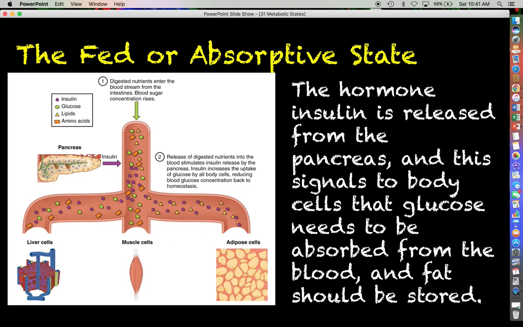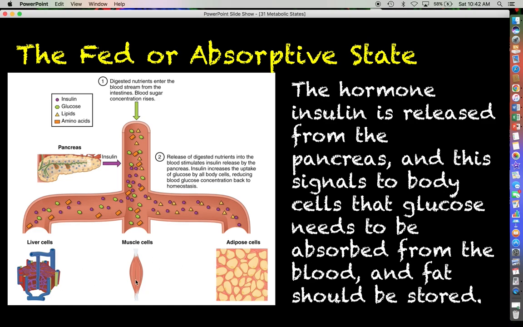So in doing so, that removes that excess glucose from the bloodstream, gets the blood sugar levels back down into that normal range that we like, and all the while, these cells that have absorbed the glucose can now take this glucose and assimilate it into something that can be stored long term.